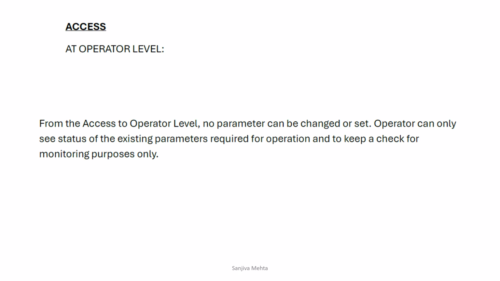Access: once again, I am repeating, access has two levels, operator level and chief level. At operator level, no parameter can be changed or set. The operator can only see the status of the existing parameters required for operation and keep a check for monitoring purposes only. Mostly when the vessel is at sea, this will be the screen, operator level only.